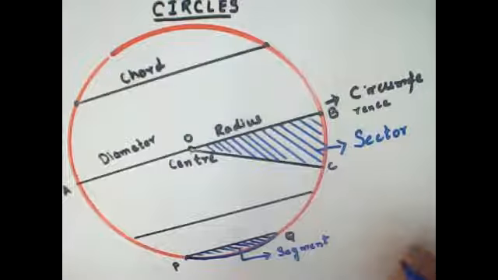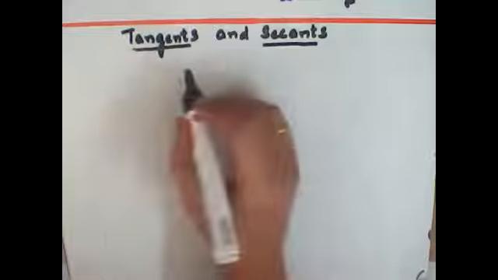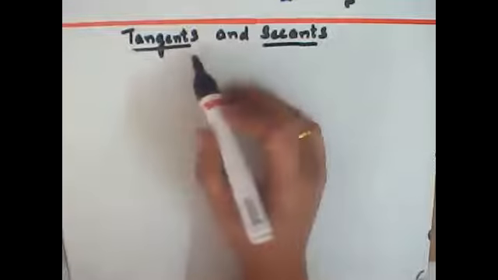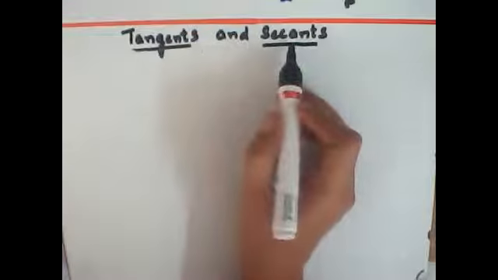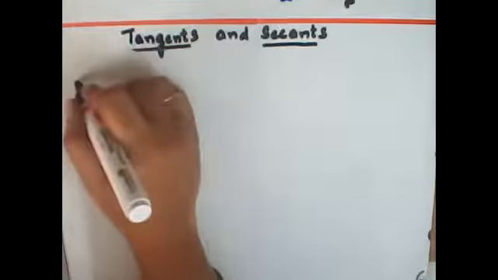Now we will see new terms in circle. Tangents and secants. Tangent and secant are the two new terms which are related to circles.